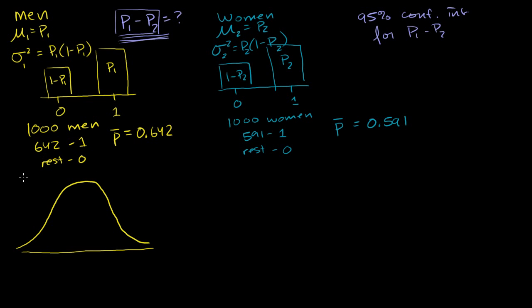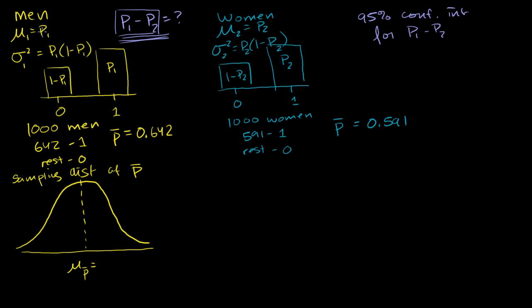So this is the sampling distribution of the sample proportion. It's going to have some mean over here. So the mean of the sampling distribution of the sample proportion, and we've seen it multiple times, is going to be the same thing as the mean of the population.